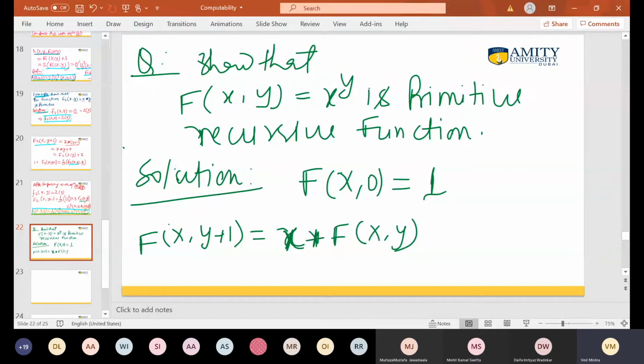This you can write or not? x into f(x,y). Any confusion how I am writing x into f(x,y)? No, sir, understood.